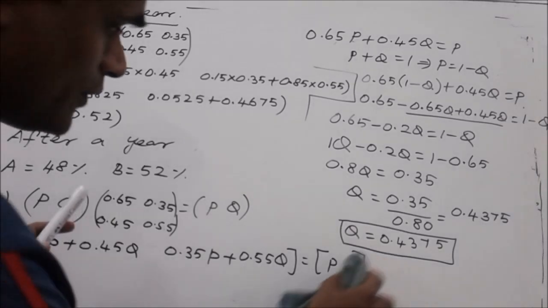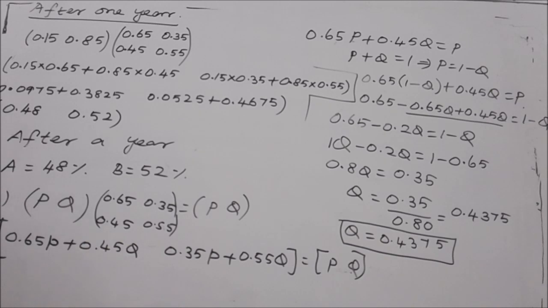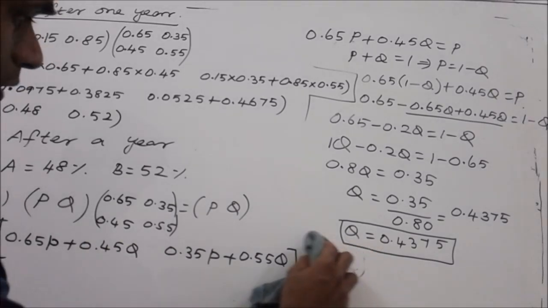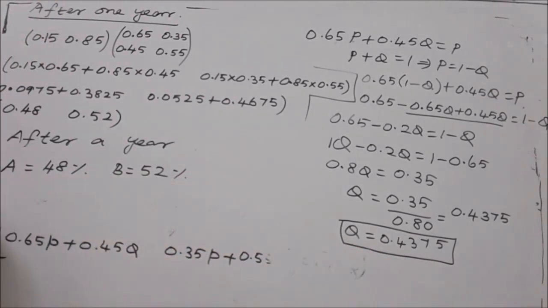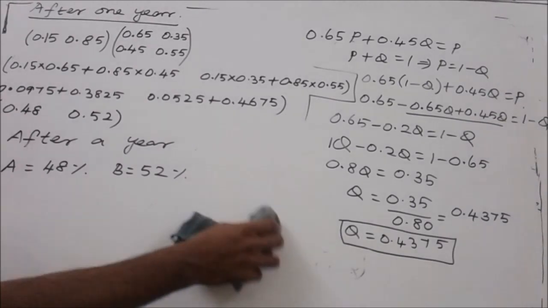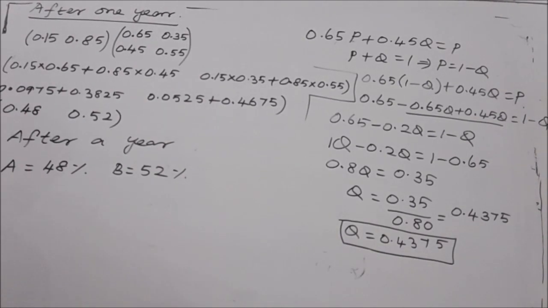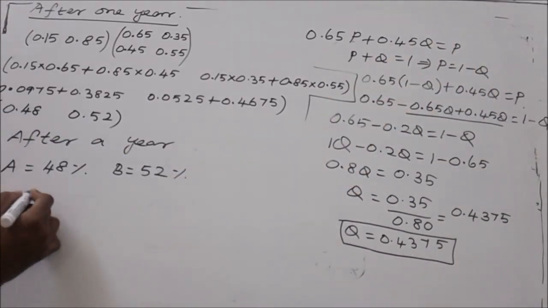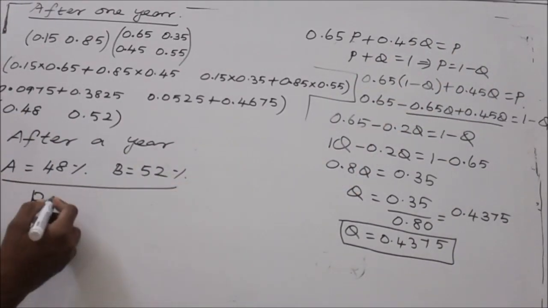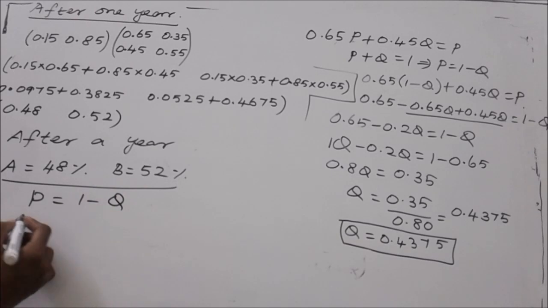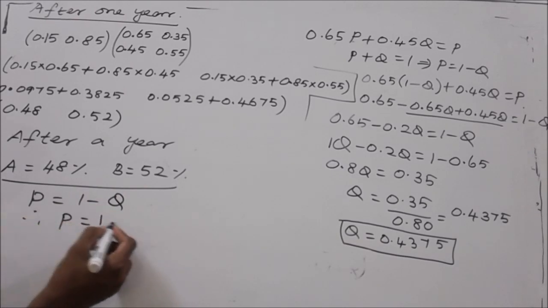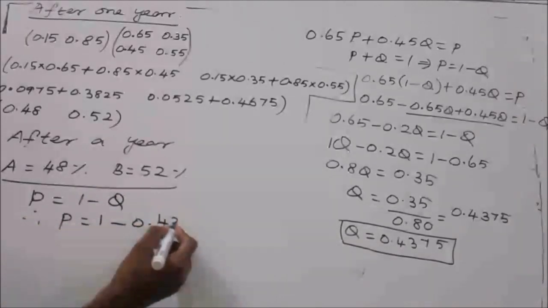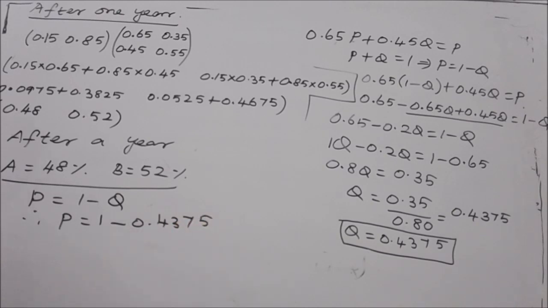We found the value of Q, and now we should find the value of P. We have the formula P equal to 1 minus Q. Therefore P equal to 1 minus 0.4375.